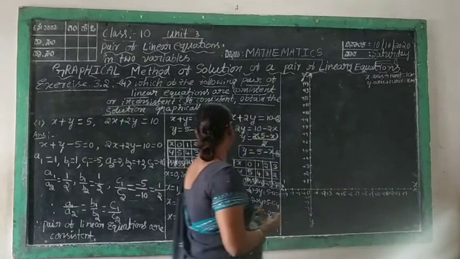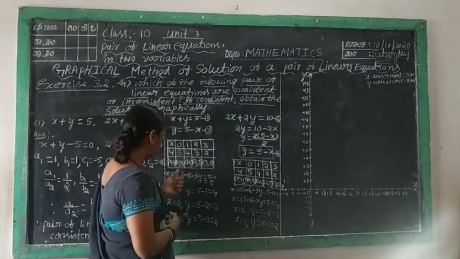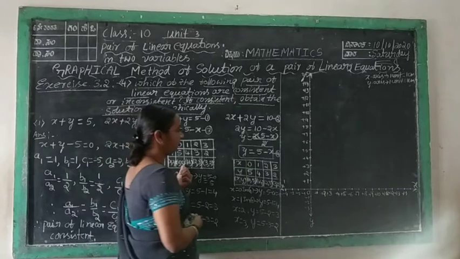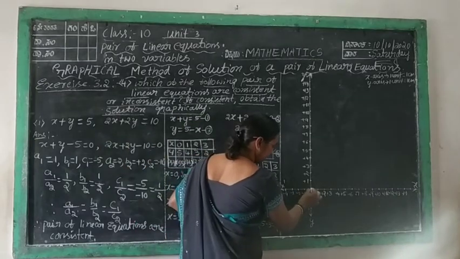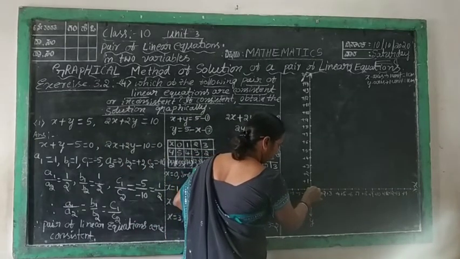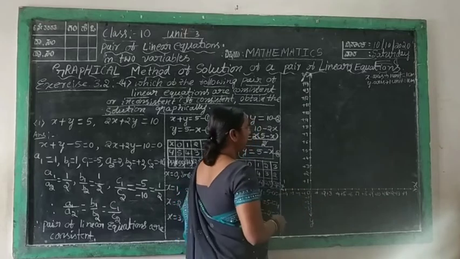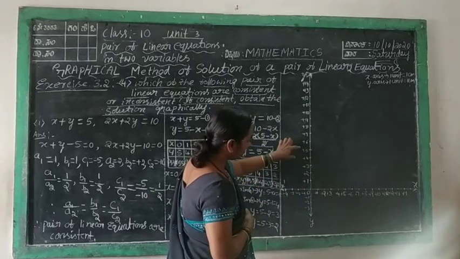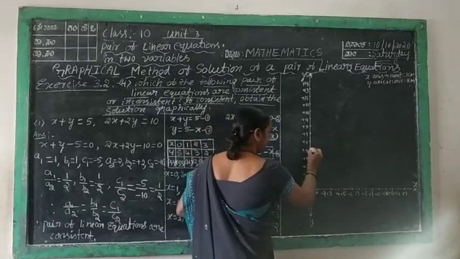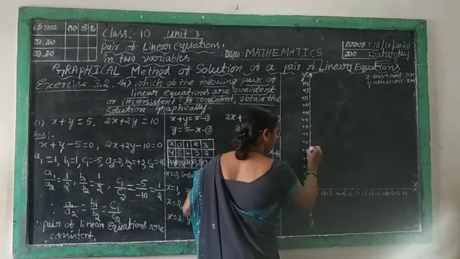Then we represent the first coordinate point, 0 and plus 5. 0 is on the x-axis and plus 5 is on the y-axis. Your point is 0 and 5.